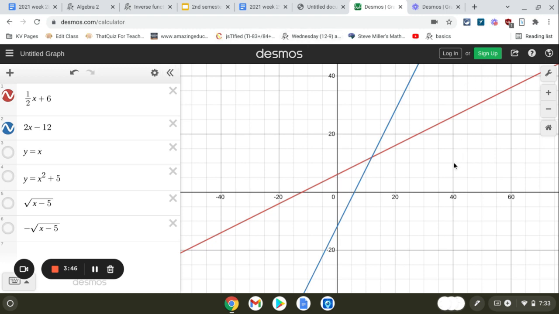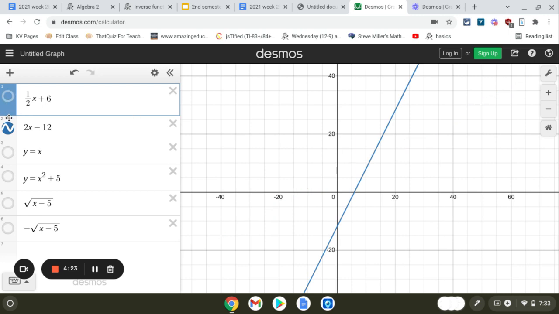Everywhere you draw a vertical line on this thing, it only crosses once. And if you look at the red one and the blue one, each of them pass the vertical line test. So that means its inverse is a function. What it means to be a function is that every x value corresponded to only one y value. Let's say right here, at 19, you get 15.5. You never ever get confused at 19. You always get 15.5. You don't accidentally get another number sometimes.